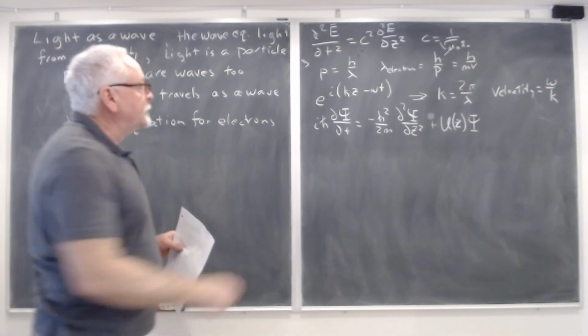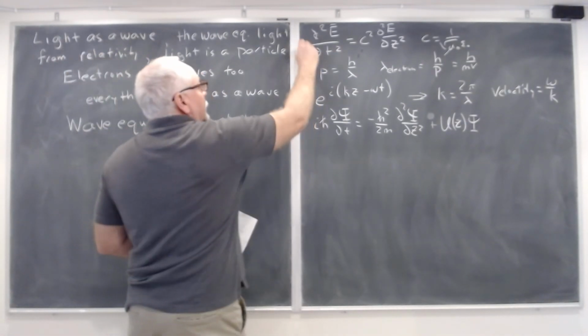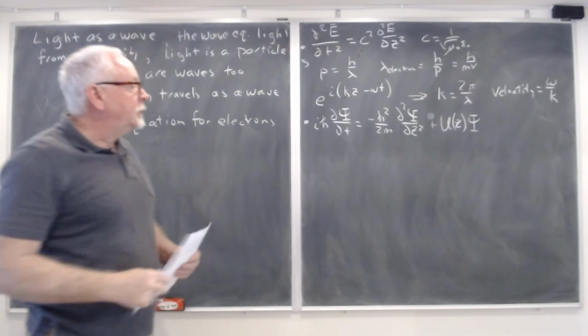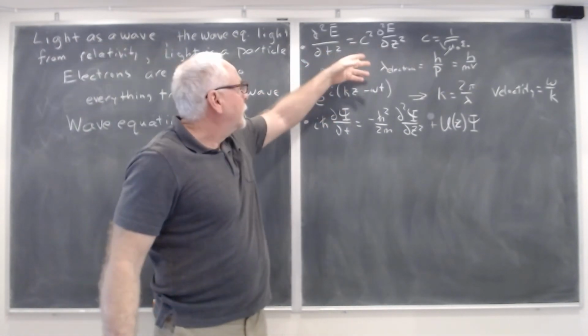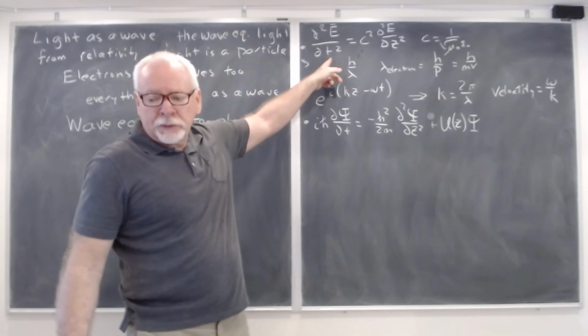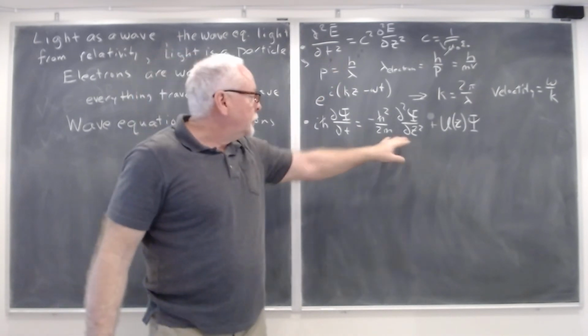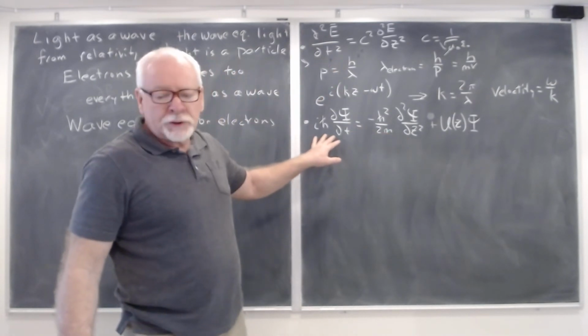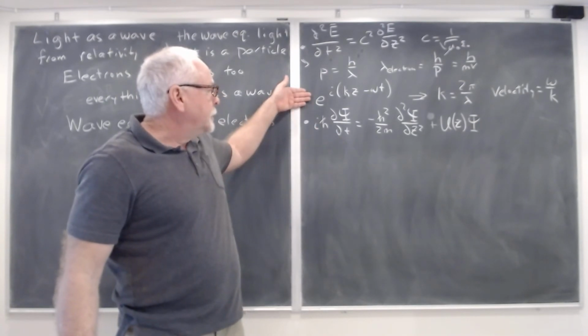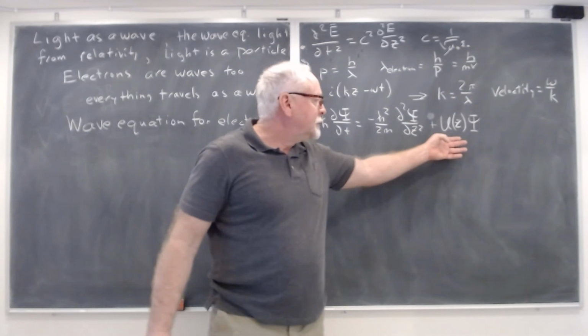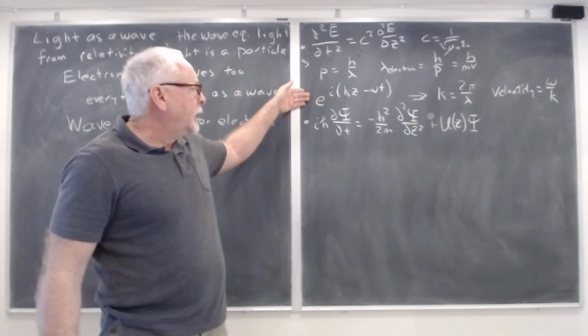And the main difference between it and the wave equation for light is that instead of the spatial derivative being proportional to a second derivative in time, the spatial derivative is proportional to a first derivative in time. And the solution, if the potential is 0, is still e to the i(kz minus omega t).